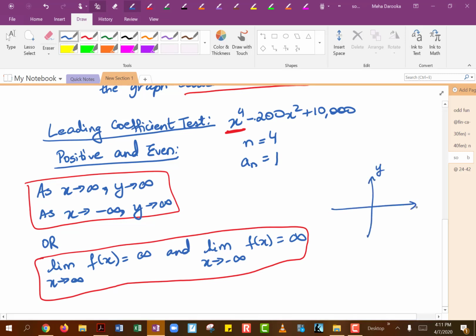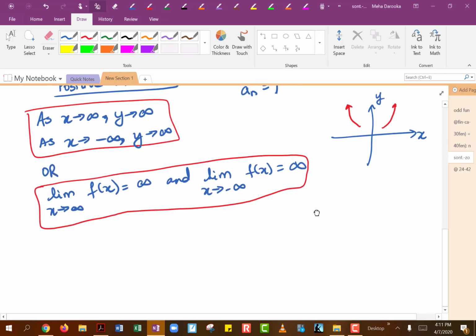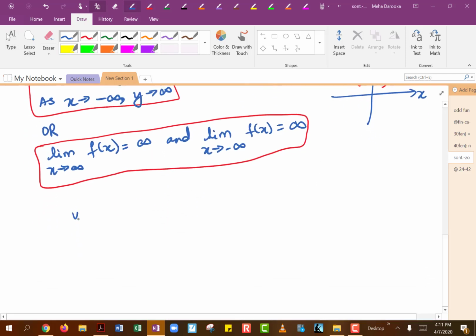So just like you saw in the previous example, both your arms are going to go up. Okay? Alright, let's see if we can find a y-intercept for this graph, which means we make our x value 0. So that's x to the fourth minus 200x squared plus 10,000.